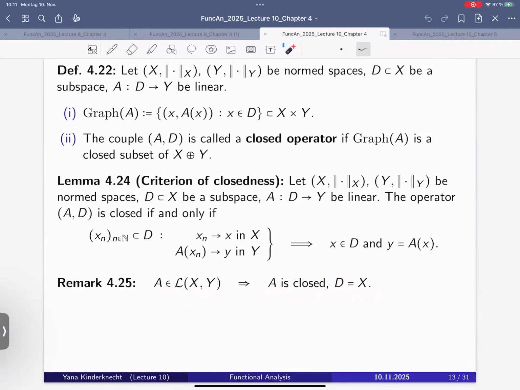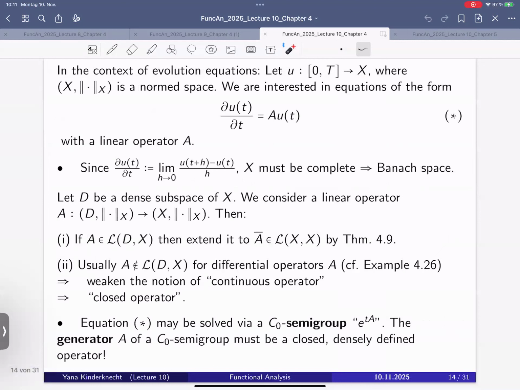So we have extended the class of operators which we consider. And this is an important class because this evolution equation star may be solved with the so-called strongly continuous semigroup. A strongly continuous semigroup is a mathematical object which generalizes the notion of exponential function of an operator in the case when A is an unbounded operator.